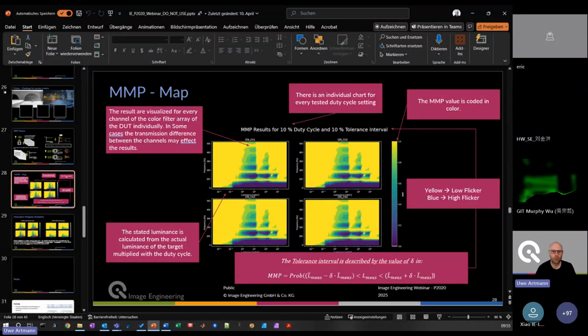Now the question is, what is the right interval? That is something that P2020 did not further define. So the person who performs a test has to decide on the interval. In our lab, we see that 10% is tight and challenging, but with that we can really nicely see where we still have some flicker and where not.